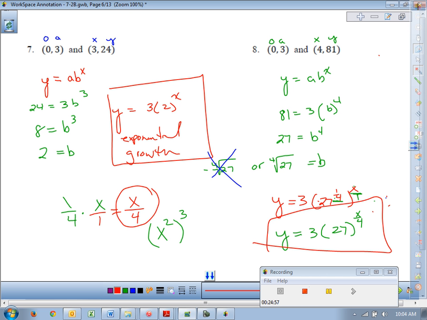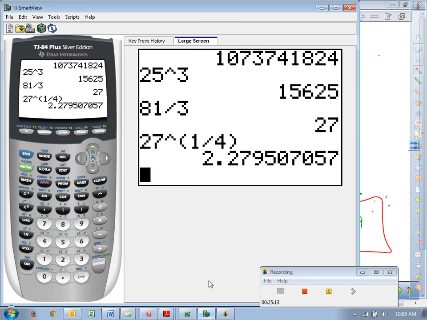Here's what I want you to do, though. Let's punch that in our graphing calculator and see if we get our 2 points back. Because even though I like that version, that is very difficult for people to punch into their graphing calculator. It's 3 times 27 to the x over 4 power.